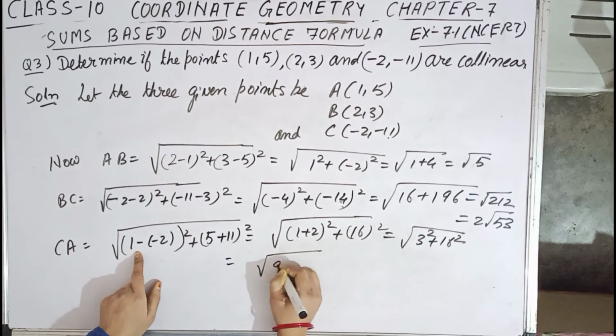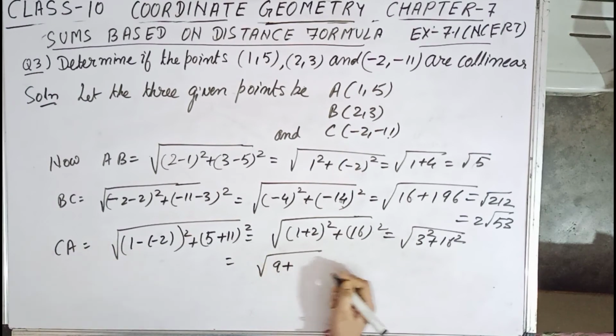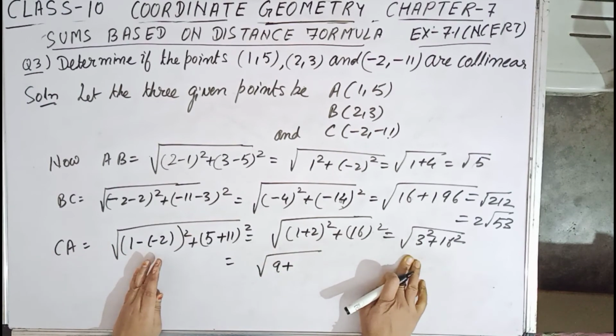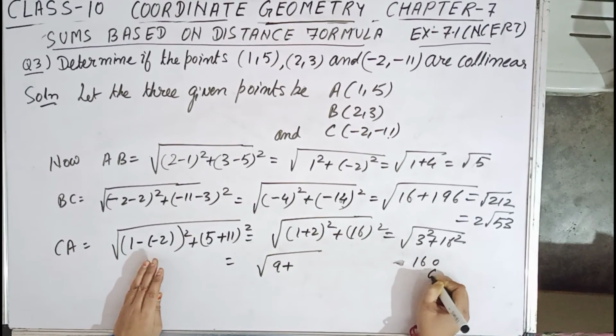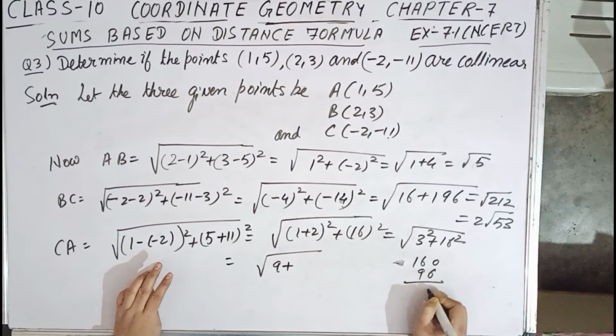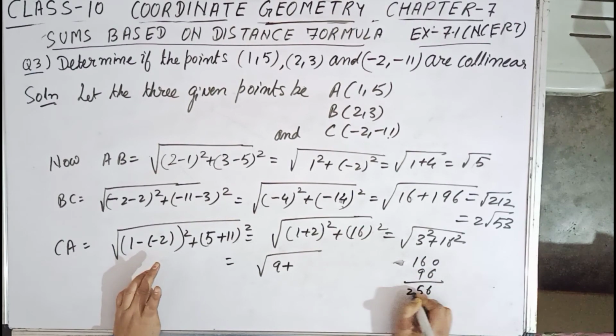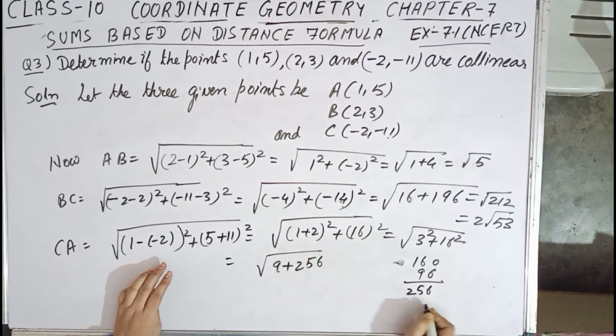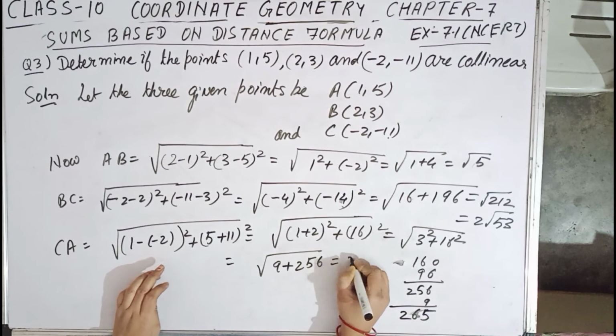So this will be equals to 9 plus of 16 square. I think it is 256. Yes. So 256 plus of 9 is 265, equals to 265 under root.